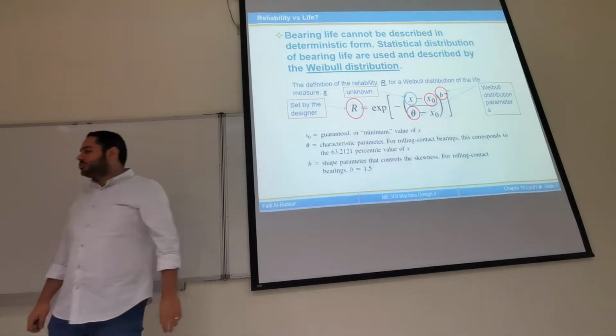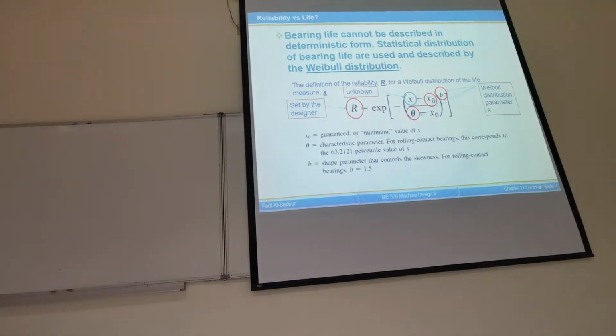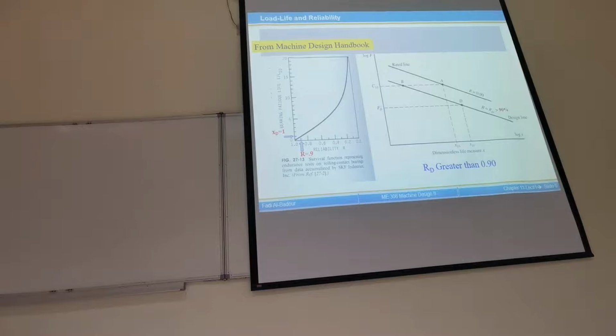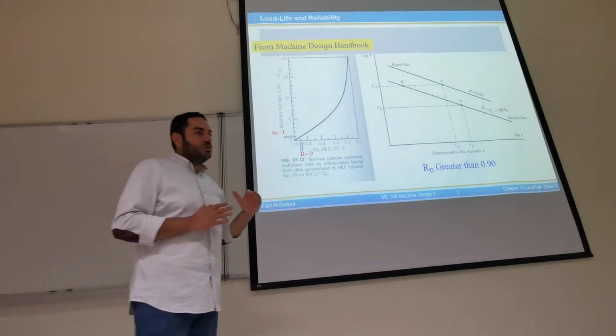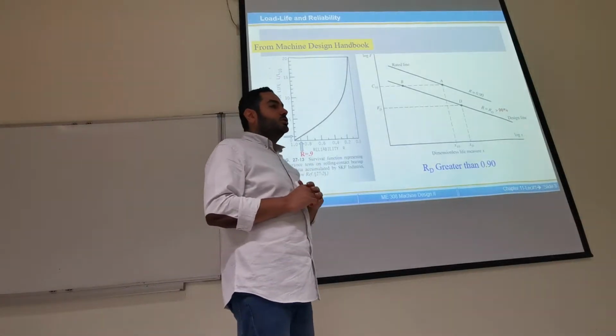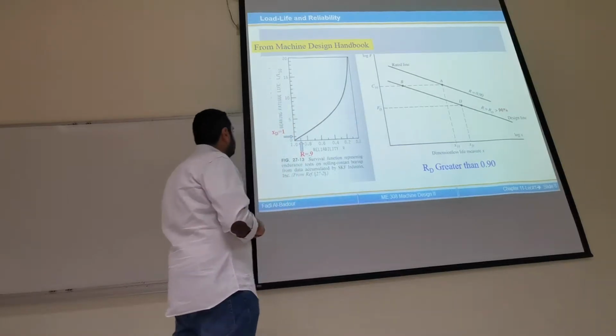Always, the reliability should be known to you as a designer. As we know from fatigue, whenever we look into higher reliability, the expected strength of the material is decreased. The same thing applies here for life.